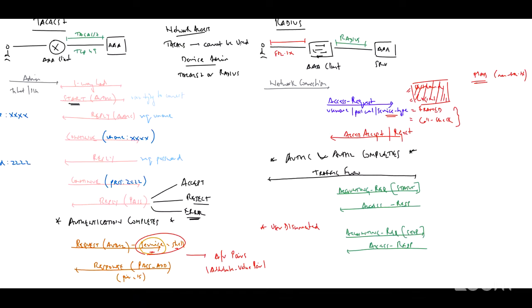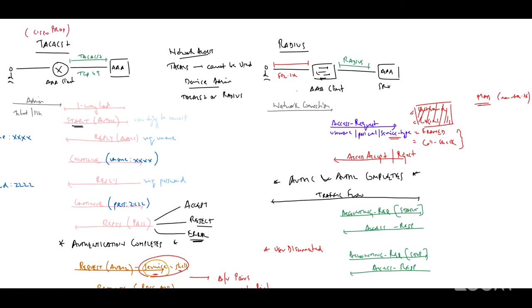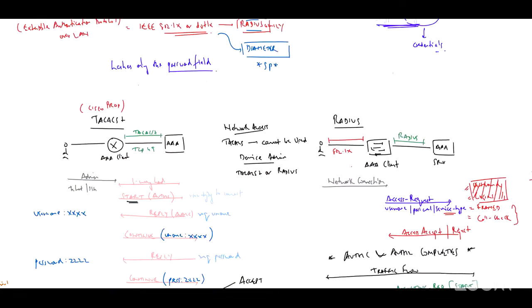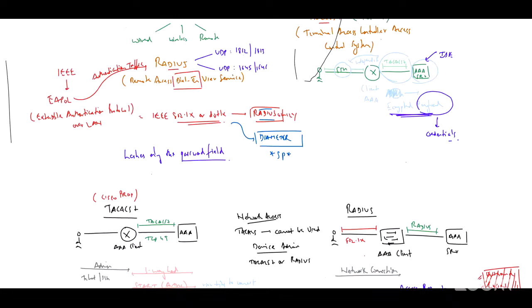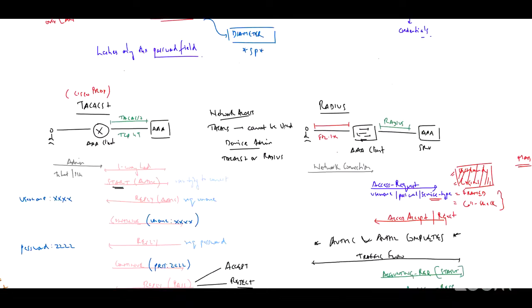Whatever can be used to do network access, which is any sort of wired access. A user trying to connect to a switch port, to a desk port, that will classify as wired access.